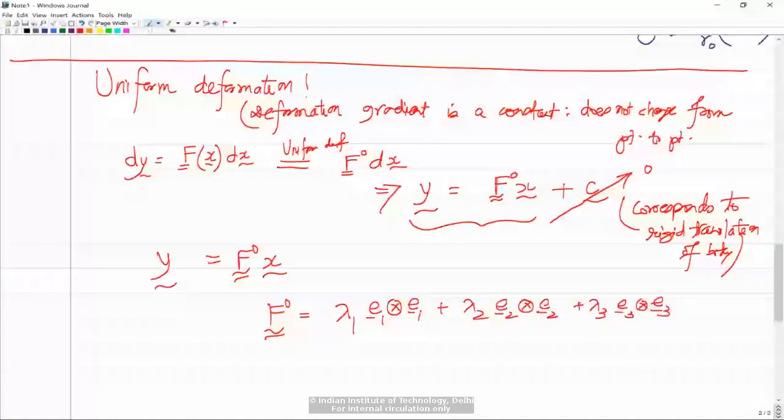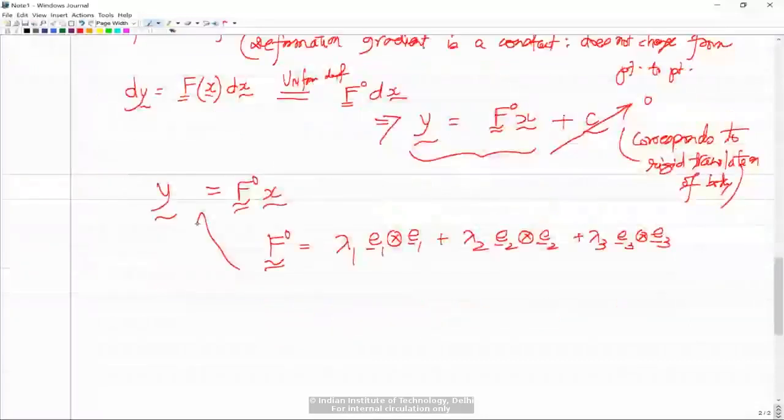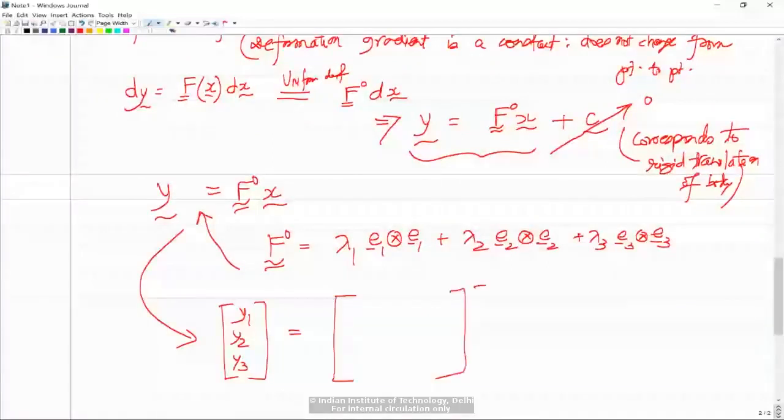So this is a tensor form, but when you write it in the matrix form, y will have the three components y1, y2, y3, and f naught will yield a matrix multiplied by the column of x, which is x1, x2, x3. What can you say about f naught? Given this tensor form of f naught, what will the matrix form look like?